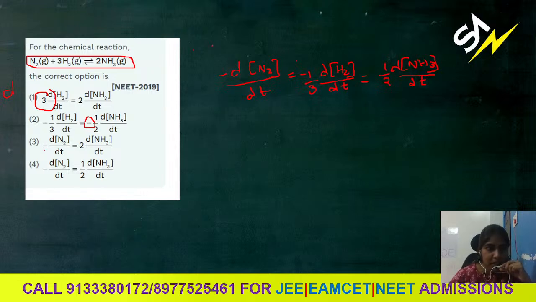What about this? Minus d[N2]/dt is equal to, here the stoichiometric coefficient is taken in the numerator, so this is also wrong. And observe the fourth option. Yes, this is showing these two equations. So the answer is the fourth one.